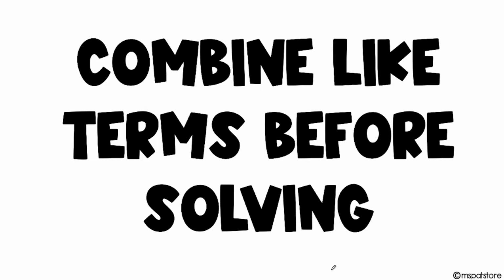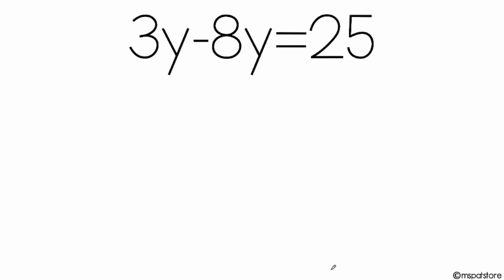Sometimes you can combine like terms before you solve your two-step equation. Let's see what I mean by that. In this case, you can see that you can combine these two terms because they are like terms. If they have different signs, you subtract them and you keep the sign of the greatest absolute value. In this case, it is 8.